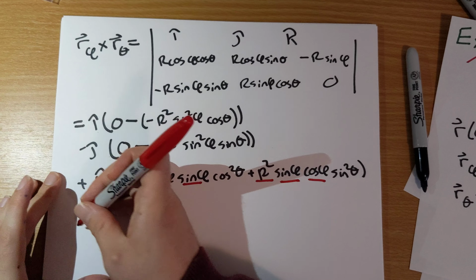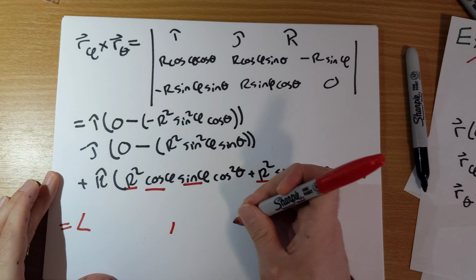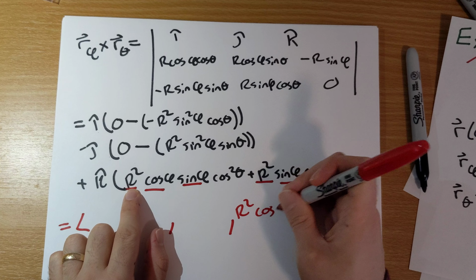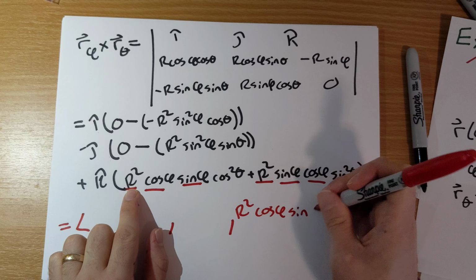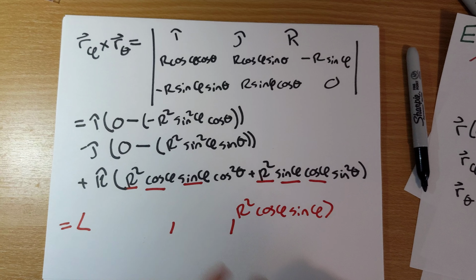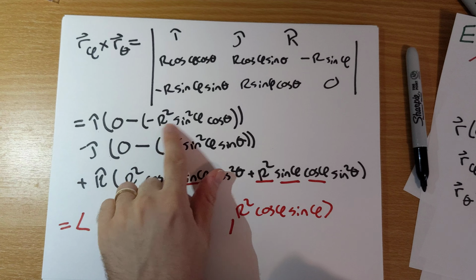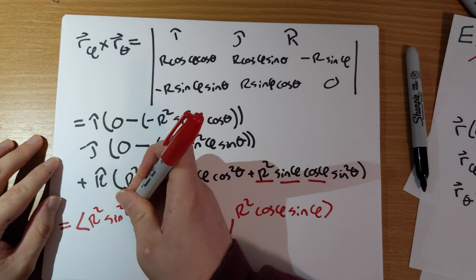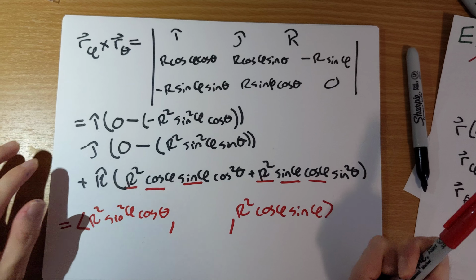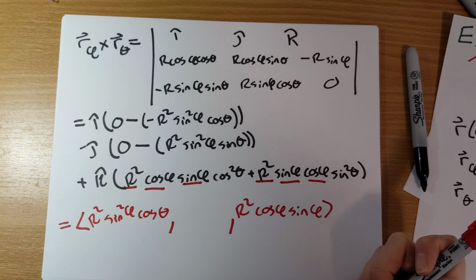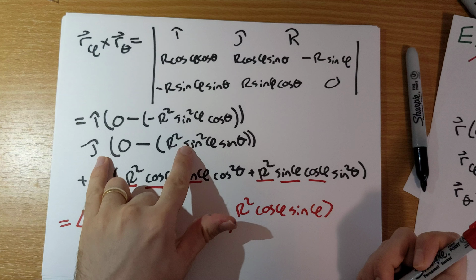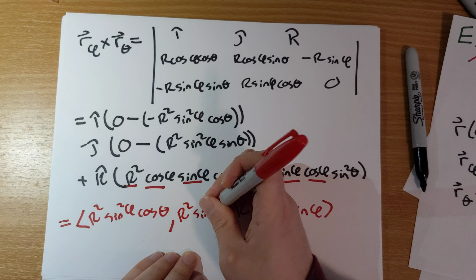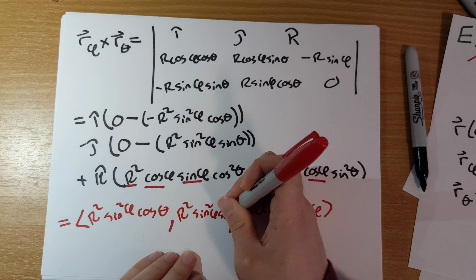So the k hat term would just be r squared cosine phi sine phi. The i hat term, those minuses cancel, so we'd have r squared sine squared phi cosine theta. And for j hat, those minus signs cancel, so we'd have r squared sine squared phi sine theta.